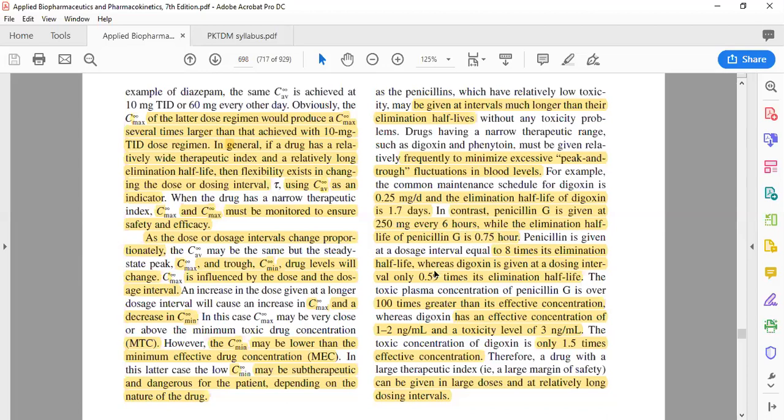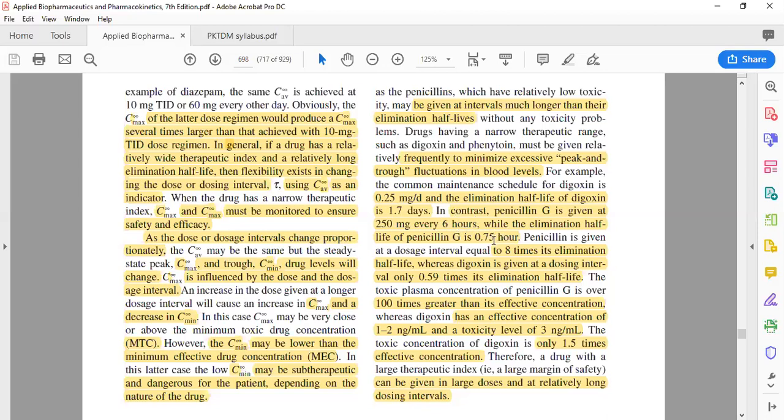If you calculate every 6 hours, how many times are we increasing the dosing interval, in terms of hours, based on half-life?